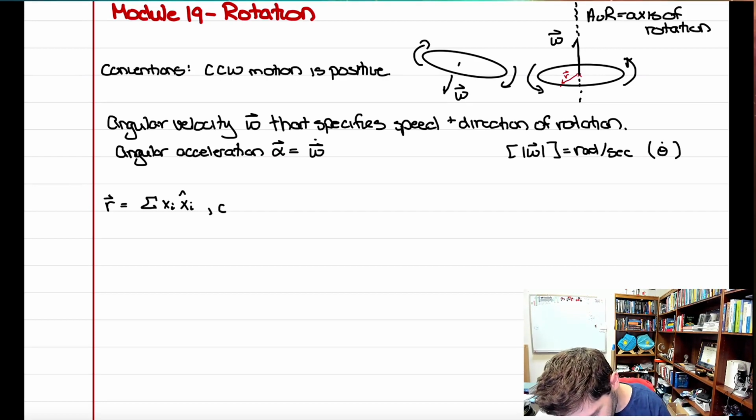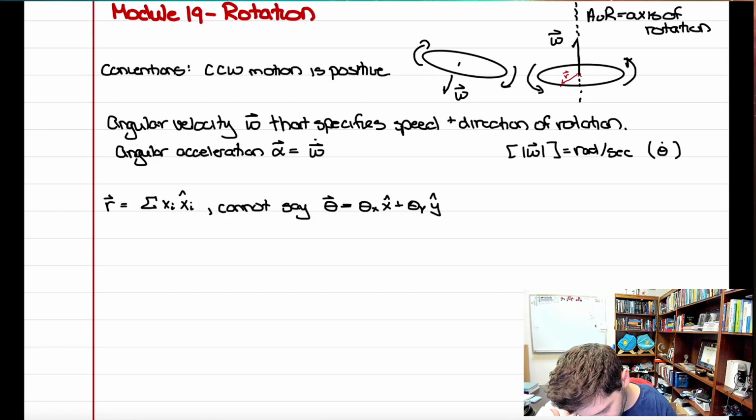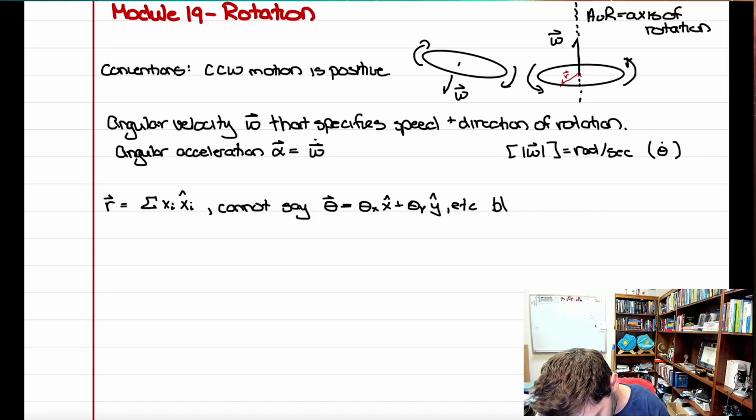You cannot really say that some general rotation that an object undergoes can be written as, say, angle x in the x direction, angle y in the y direction, etc. And the reason why it doesn't have a vector nature is that rotation is not commutative.